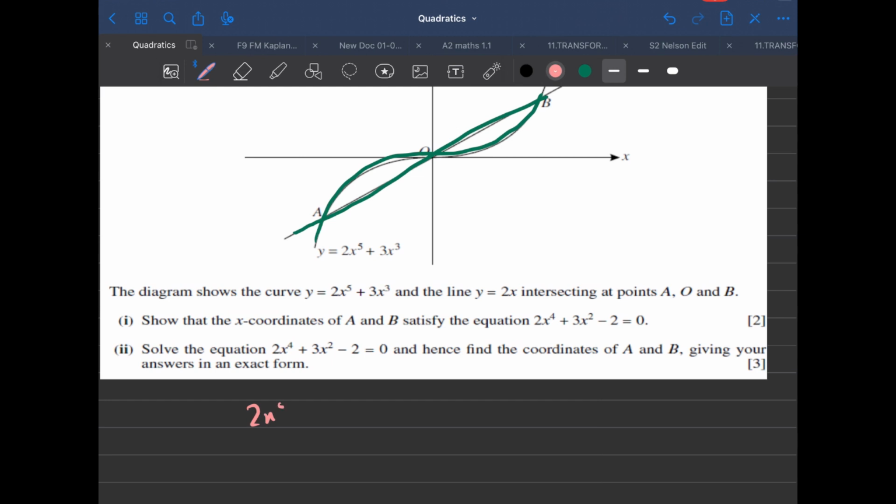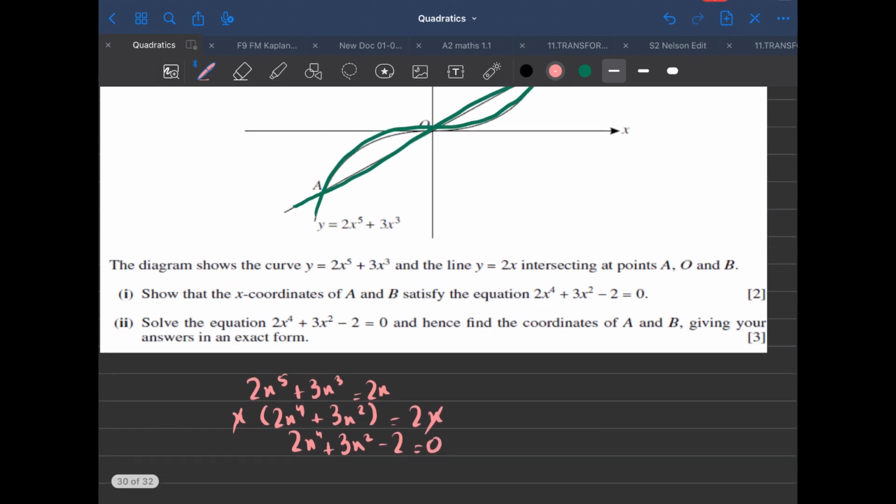You equate both of them, substitute it, simultaneously solve. So what I'm going to do is take x common. It's going to become 2x power 4 plus 3x square is equal to 2x. Can you cancel x and x?